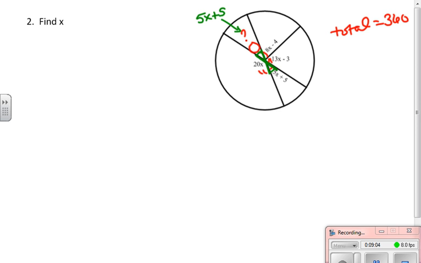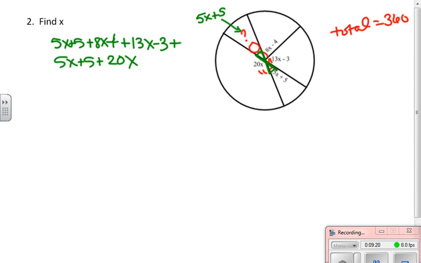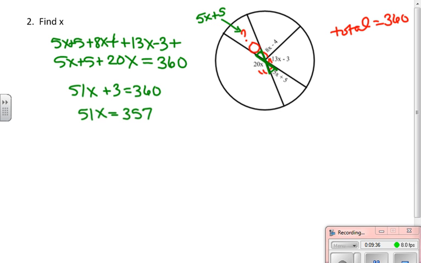And so I can add all of these things up: 5x plus 5 plus 8x minus 4 plus 13x minus 3 plus 5x plus 5 plus 20x. That will all equal 360 degrees. If we clean up the algebra a little bit, I have 51x plus 3 equals 360. Subtract 3, 357, divide by 51, and I come up with x equaling 7.